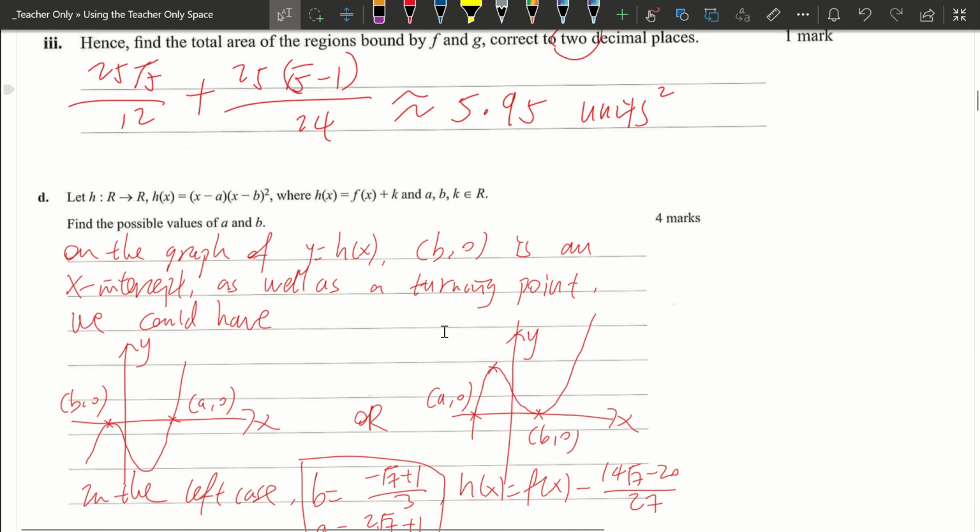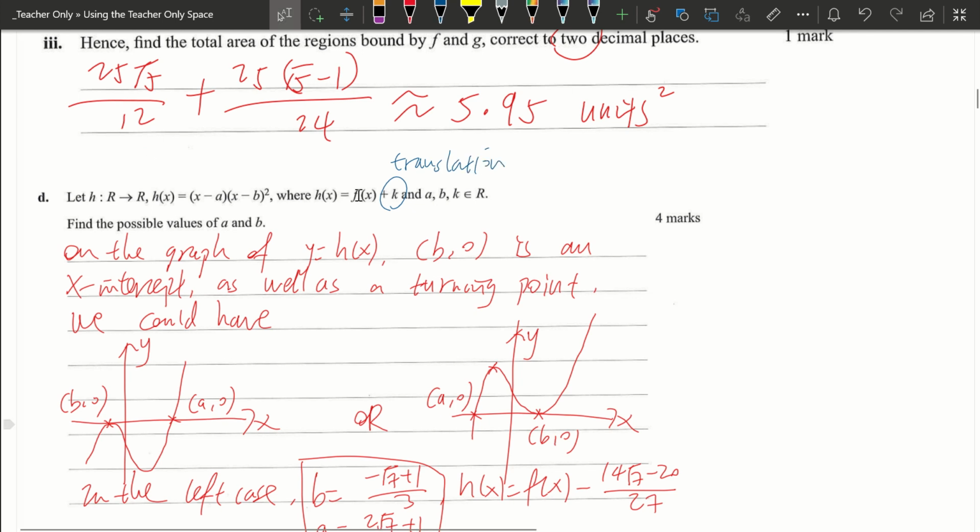Okay, and then a third function still, we have an h function, and it's more complicated because you have unknowns in there. (x minus a) times (x minus b) all squared, where h is f plus k, so it is just a translation.